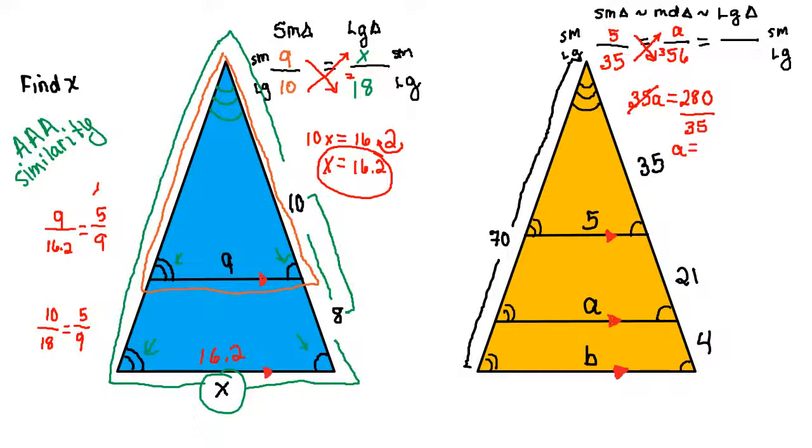And so A is going to equal, let's see, if we divide both of these by 5, 280 divided by 5 is 56. 35 is going to be 7. Is 7 and 8 actually 56? I believe it is. So A is going to equal 8. Awesome.